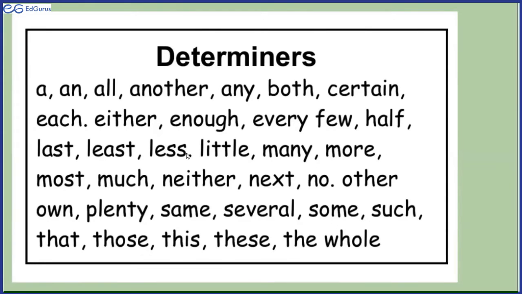In fact, when we say first, second, third, they are also determiners. That, those, this, these, the whole, they are all determiners. Got it? Yes, ma'am. Just browse all these words, but these are not complete. There are many more such words which are counted as determiners. Okay? Yes, ma'am. Shall I go to the next? Yes, ma'am. Okay.